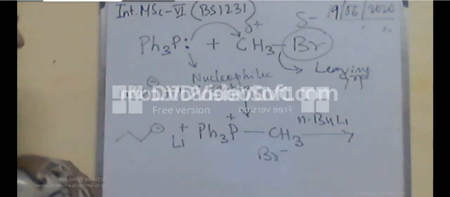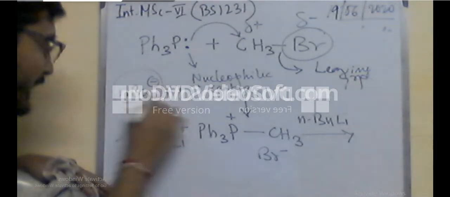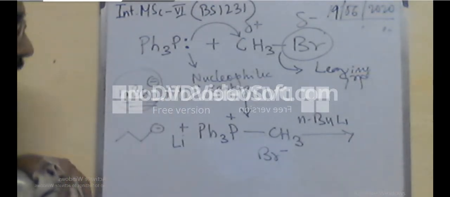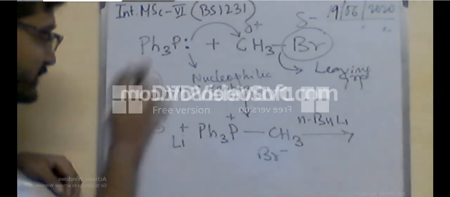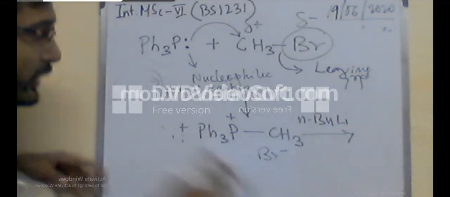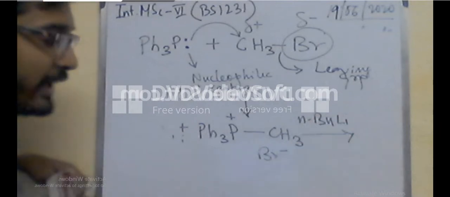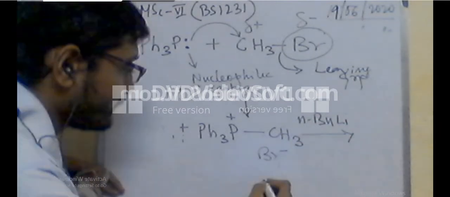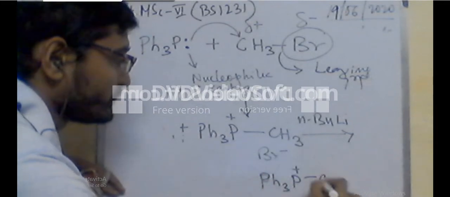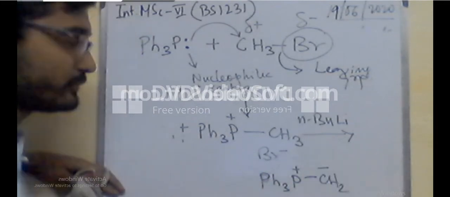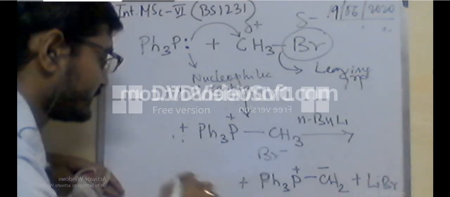The butyl carbanion acts as a base, and the proton source is the CH3. So in the presence of n-BuLi, it will form Ph3P plus CH2 minus plus LiBr plus n-BuH.